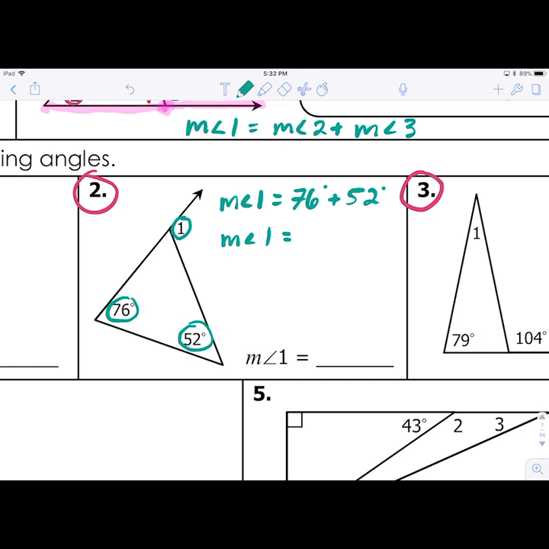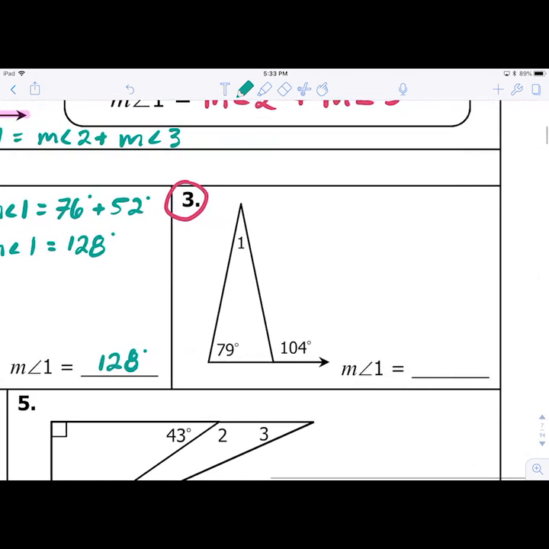So you just get out your handy dandy calculator. 76 plus 52 degrees is 128 degrees. Quite simple.